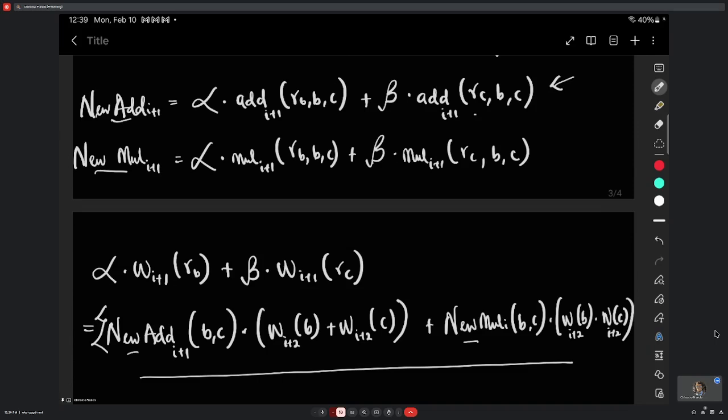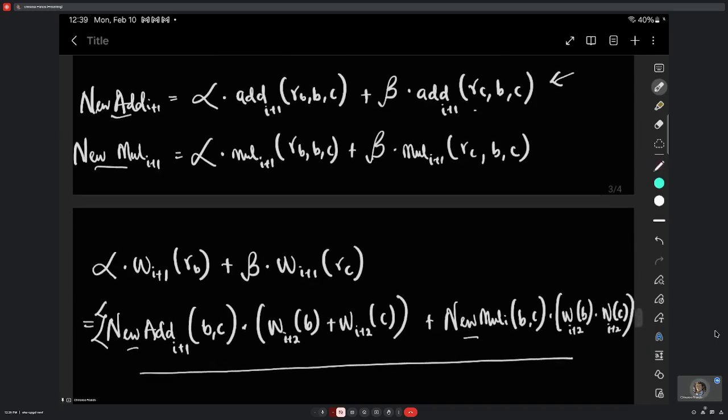So we are basically substituting a new add_{i+1} and a new mult_{i+1} into this place, putting back the W_B and W_C, and we're now performing some check on everything.